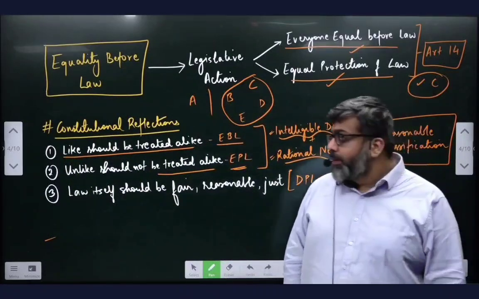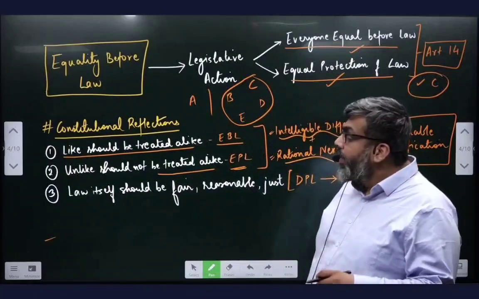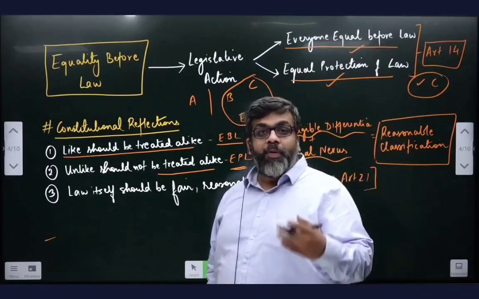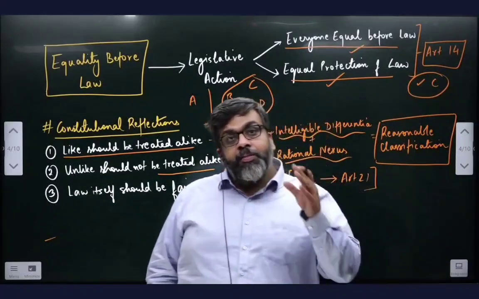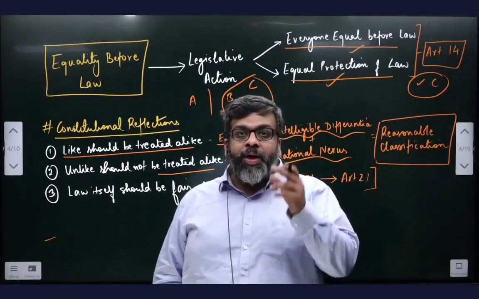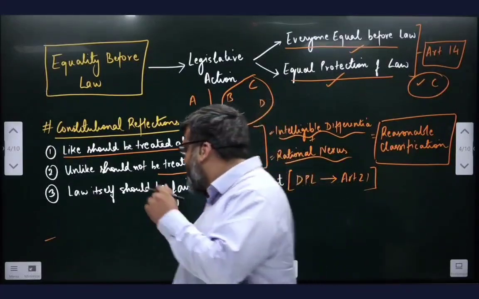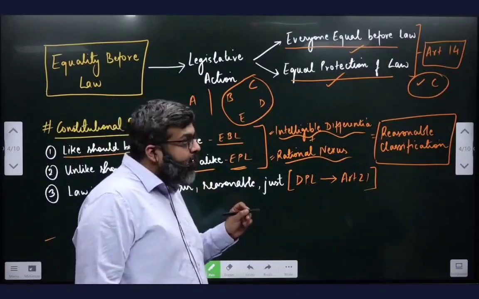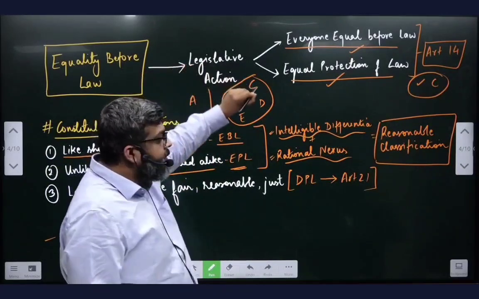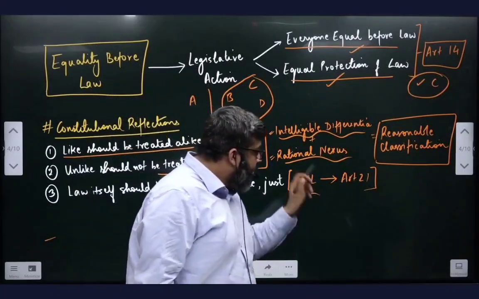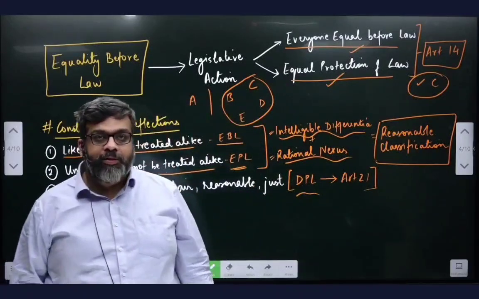The third principle is that the law itself should be fair, which is exactly what we've been saying all this while: for there to be rule of law, the law must necessarily be good enough. And for the law to itself be fair, reasonable and just, you add Article 21 with a little bit of Article 14, and you come up with the concept of due process of law.